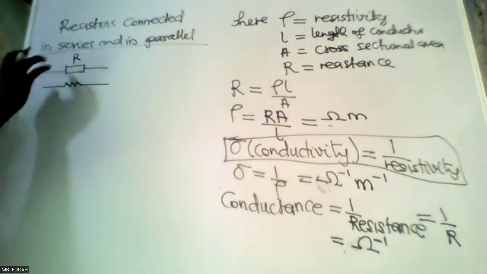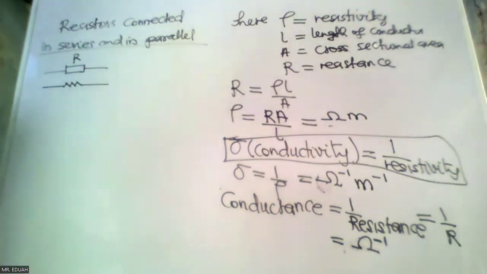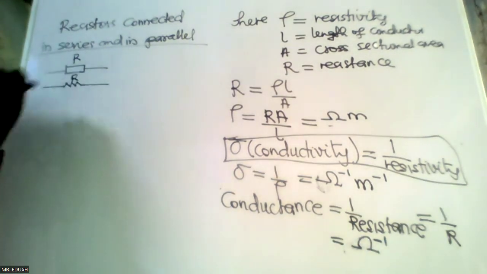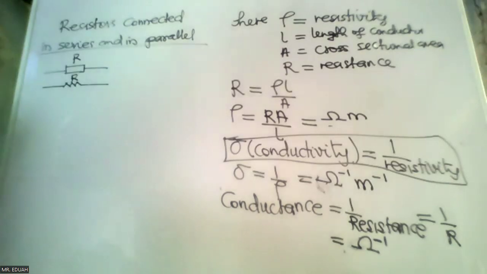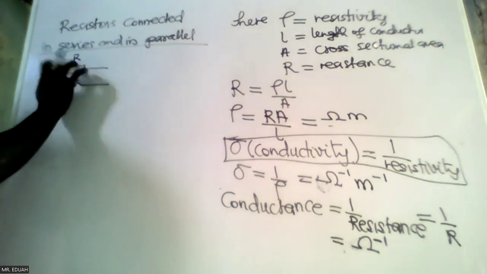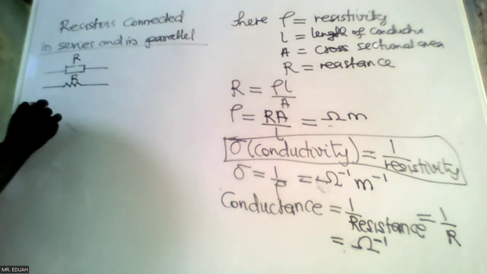These two symbols are what we represent as a resistor in a circuit with capital R on top. If you want to connect two resistors in series, you use either the first symbol or the second one.